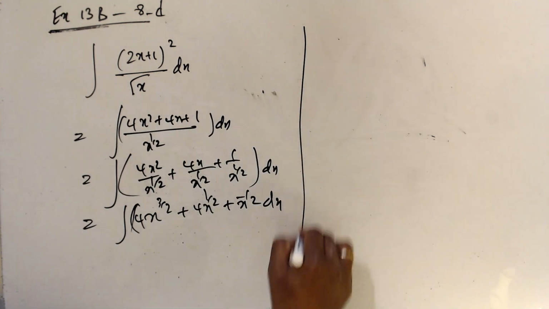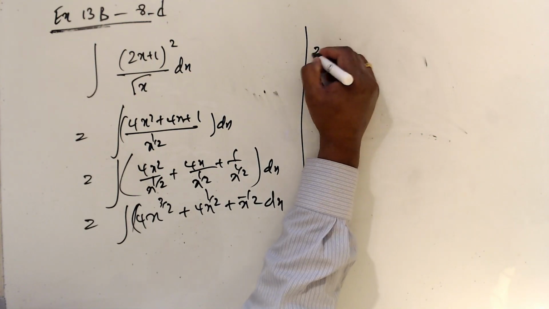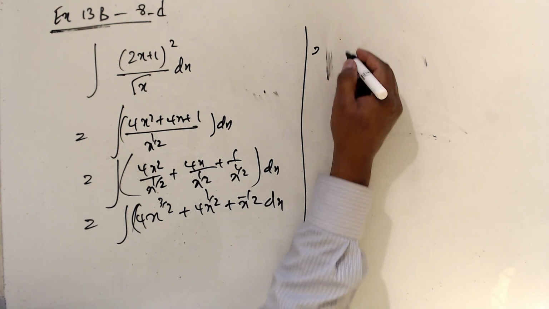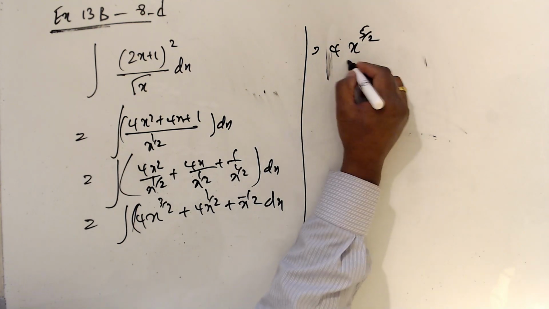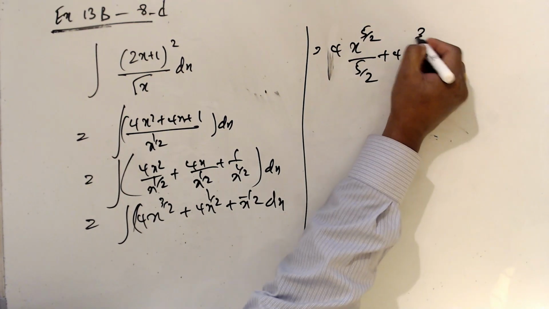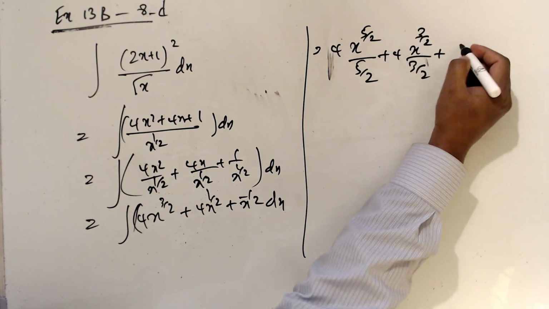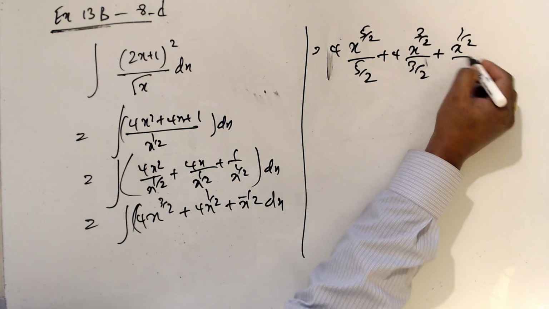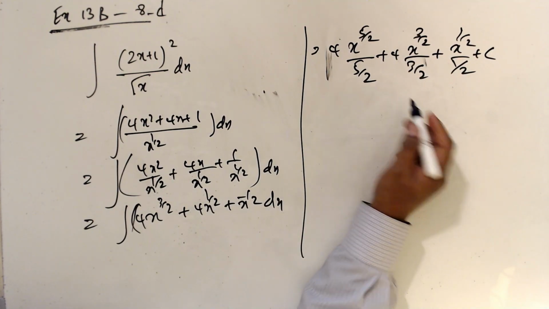So the answer is going to be 4, when we integrate x^(5/2) over 5 over 2, plus 4x^(3/2) over 3 over 2, plus x half over half, plus c, minus half plus 1.